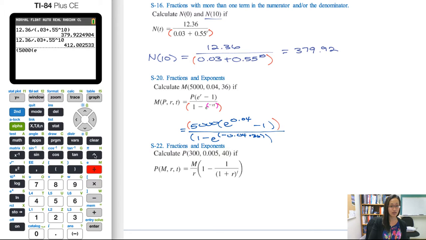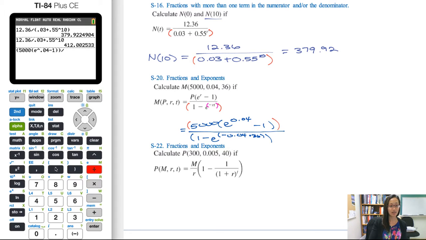So let's type it in exactly how we see it written on our paper. Second e, raise it to the 0.04 minus 1, close, close. Okay, another thing to pay attention to. Count how many open parentheses you have and make sure you have the same number of ending parentheses. So if I have 2 open, I need to make sure that I have 2 closed.